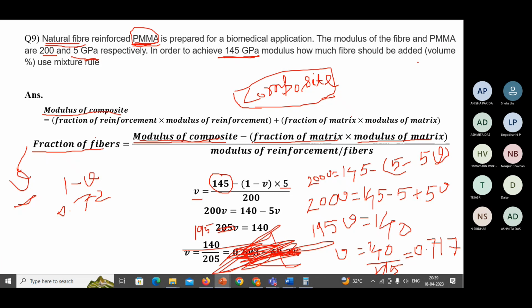Now the answer is required in volume percentage, not in volume fraction. So if we want to convert the fraction into percentage, we need to multiply it by 100. So the value comes as around 72%.